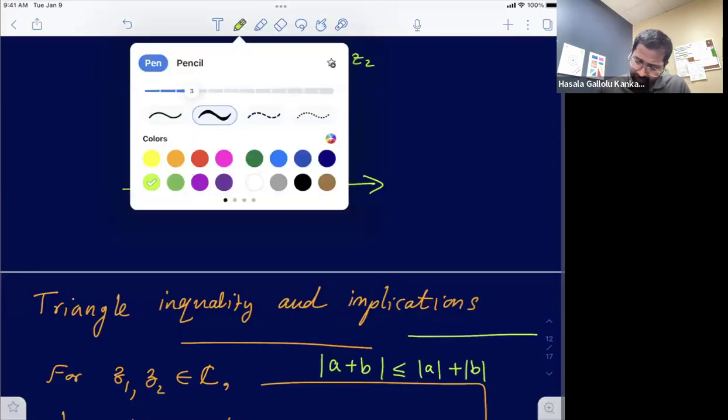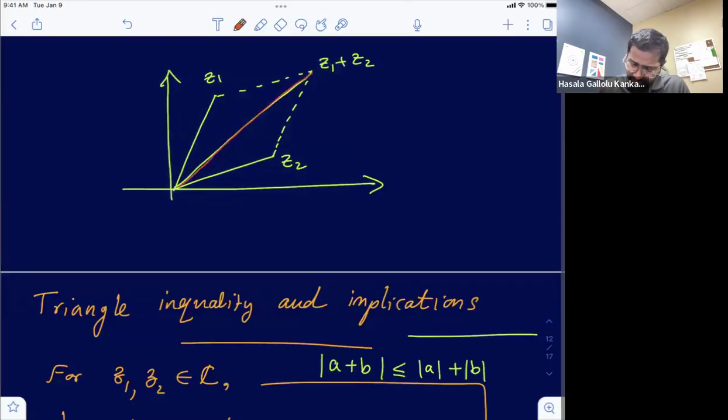Now, if you focus on this triangle for a moment, you can see the magnitude of Z1 is none other than the length of this vector, and the modulus of the second complex number, Z2, is equivalent to the length of the second side of the triangle. Now, when you add these two sides, side number one and side number two, we can clearly see it is bigger than the third side, right?